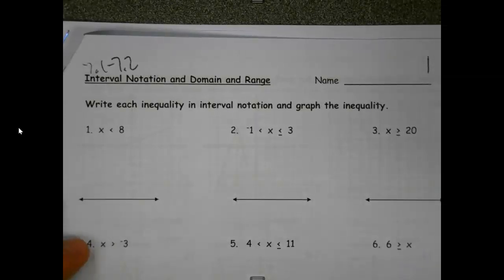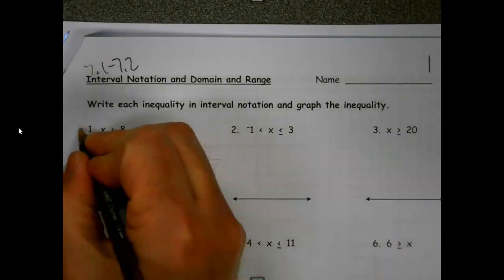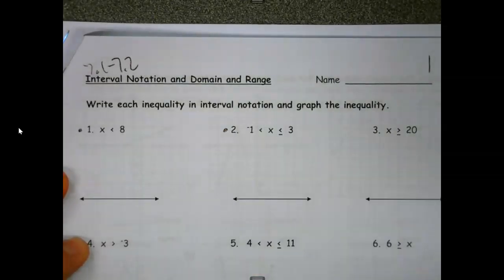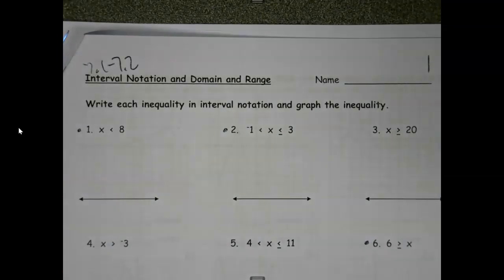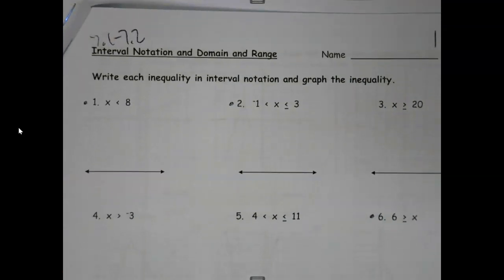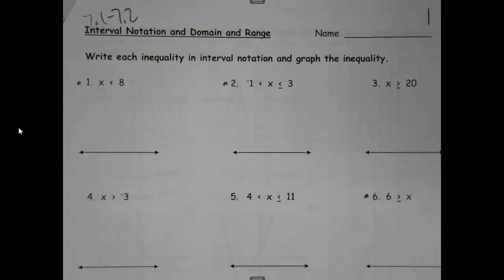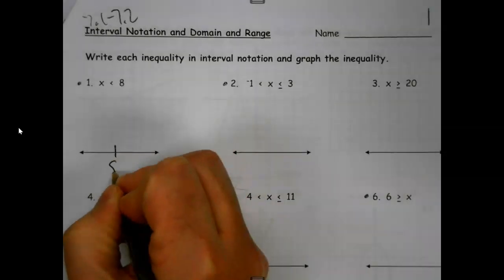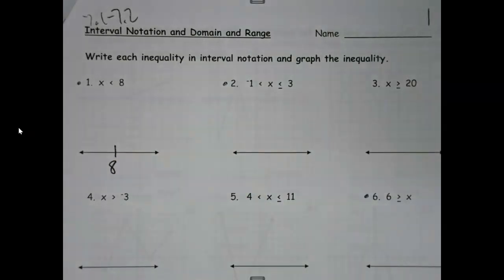I want to take a peek at 3 of these with you. We're going to take a peek at 1 and 2 and 6. Method to the madness. So if it's just one number, we'll put our one number in here. We're going to keep this handy because we might need to reference some things here.